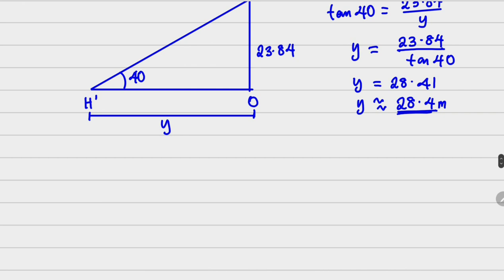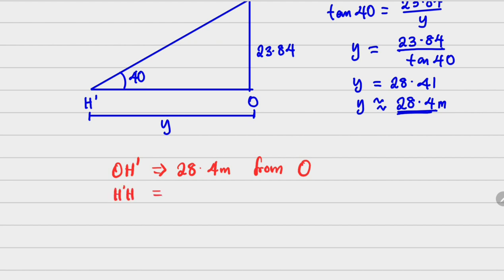Now, this is what it is. We've answered the question. So I'm going to give two things. The position of H now, that is OH, is going to be 28.4 meters from O. That is the new position of H from O. Or we can have H, then H prime.